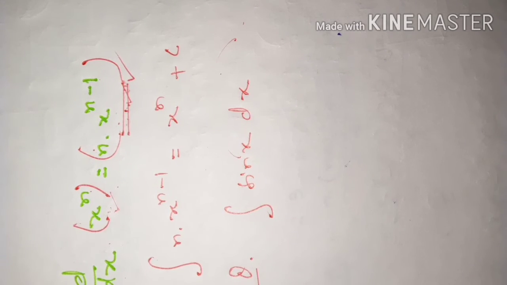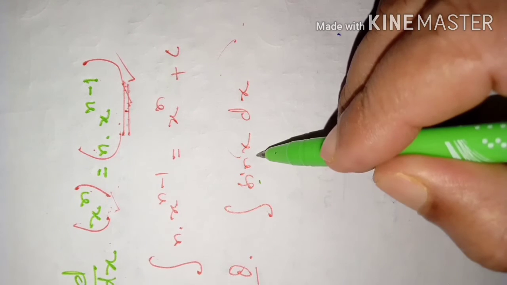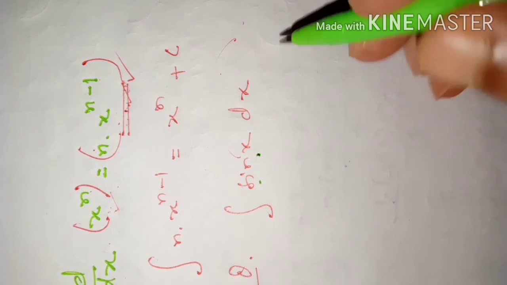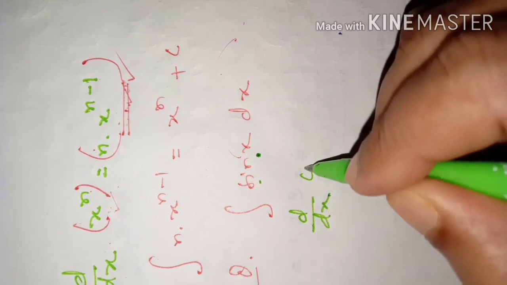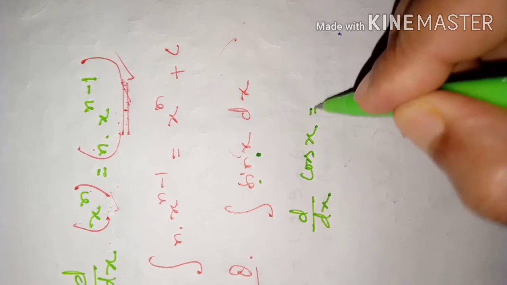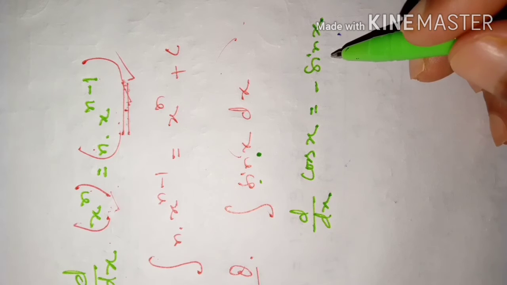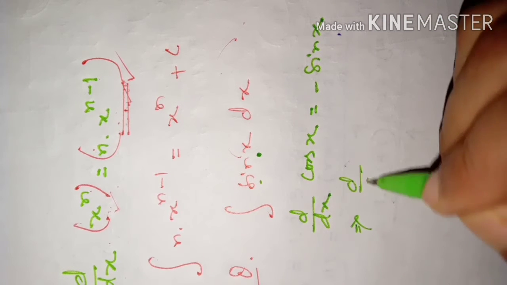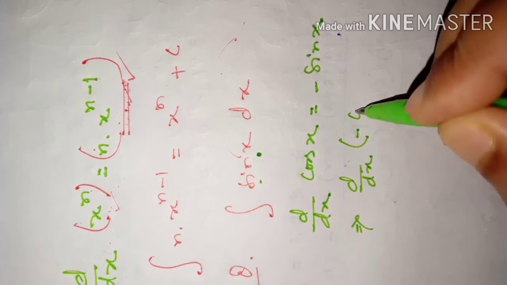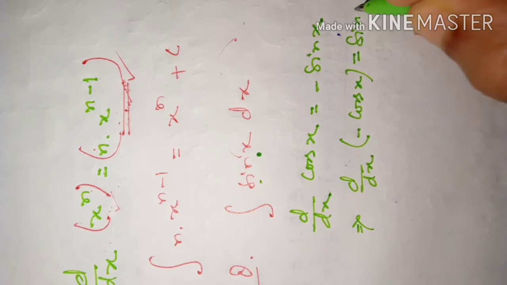So what is substitution method? Just you see, dear students, suppose integration of sin x is asked, then you will say it is minus cos x, because d by dx of cos x gives us minus sin x. That means if we have to make it sin x, this minus sign should be taken here. So d by dx of minus cos x will be positive sin x.